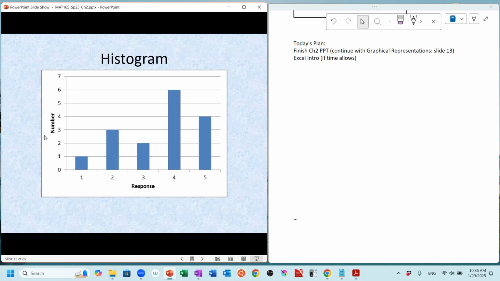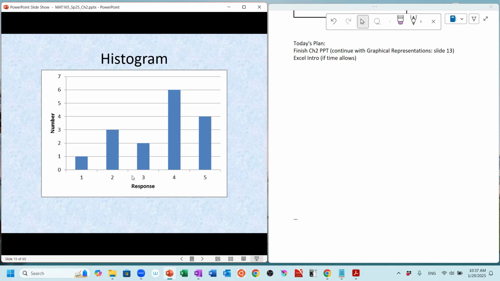It always has the feel of a discrete quantitative, I don't want to say variable. I guess variable isn't a terrible word, but a discrete quantitative variable, more or less. And the horizontal axis sometimes could be quantitative, like this response data, where there's a natural ordering or ranking, but it could also be qualitative.